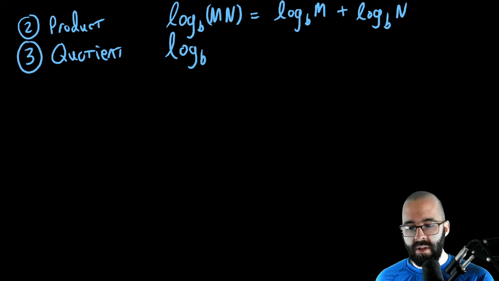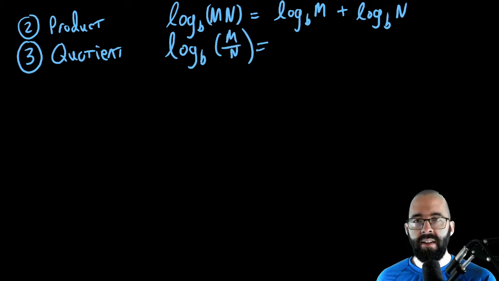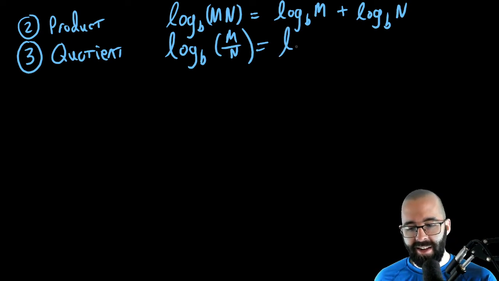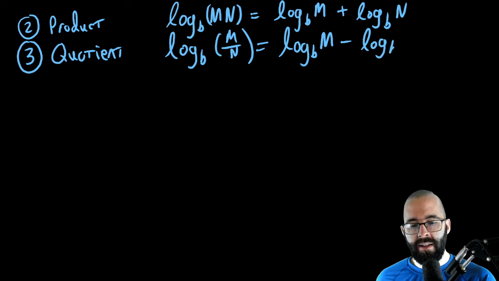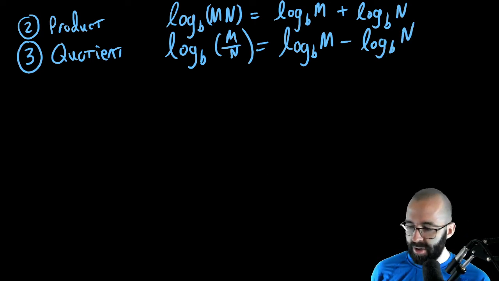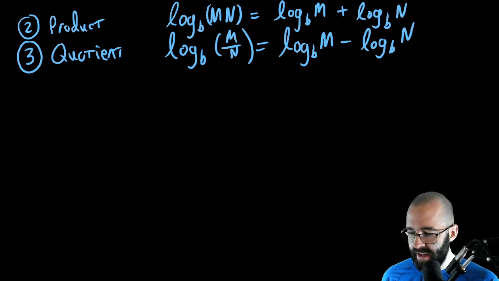Quotient rule is very similar. M divided by n. We're dividing exponential functions. What do we do with the exponents? We subtract them. So this is going to be log base b of m minus log base b of n. And those are the next two properties and the final properties we'll talk about in this video.